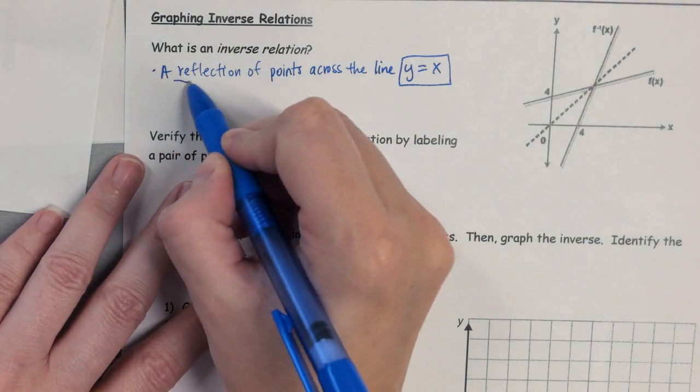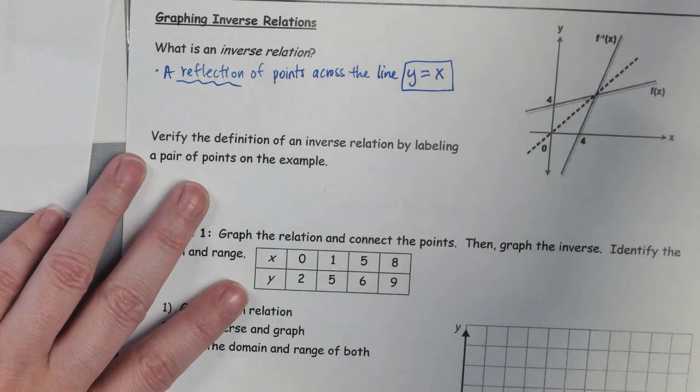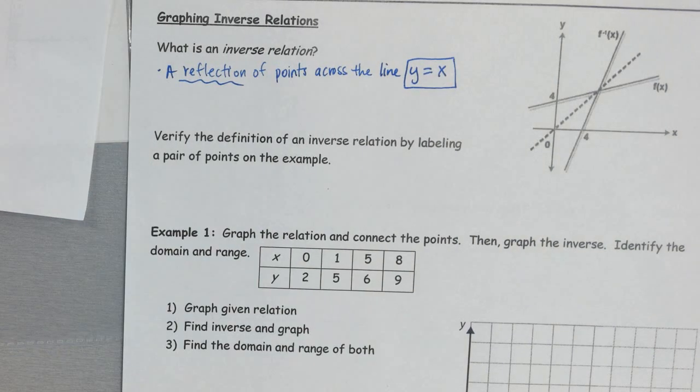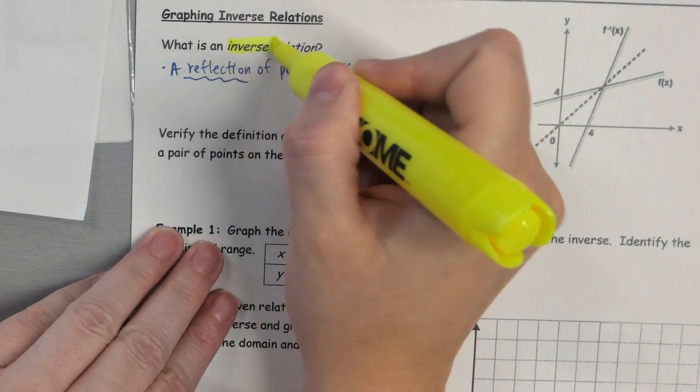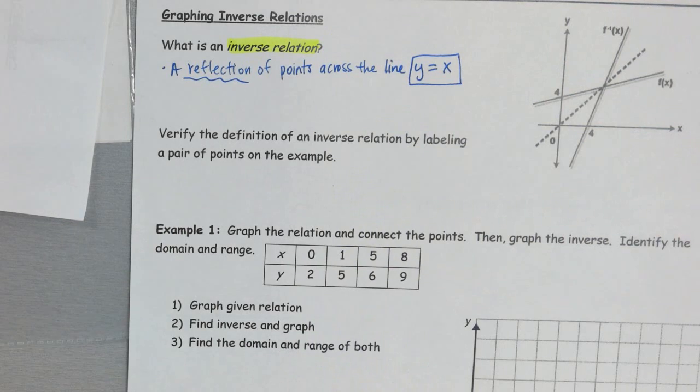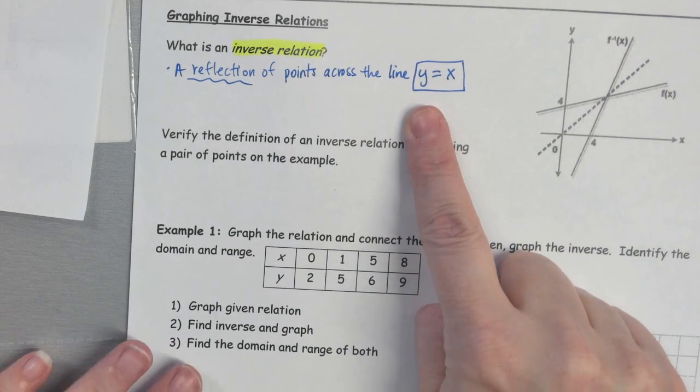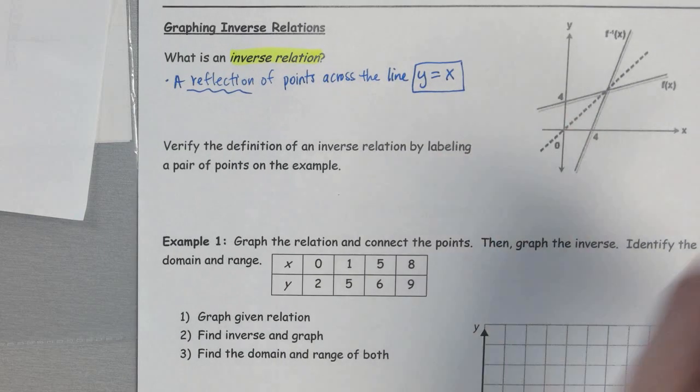A lot of times when you did reflections in geometry, you did them across the x-axis or across the y-axis, but sometimes you can reflect across the line y equals x.